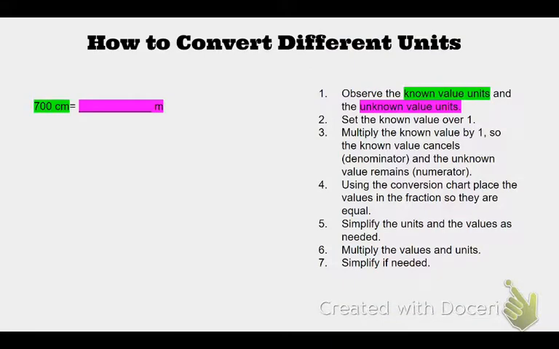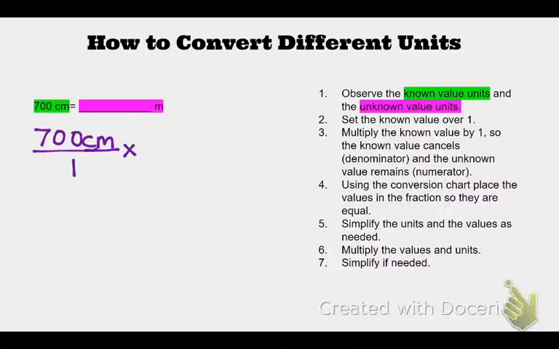Okay, so what does this look like when we're doing our work? Well, you'll notice we have those exactly same 7 steps that we had before converting units. This time we're going to be converting metric units. So, first thing we do, just like we did before, we're going to take our 700 centimeters, setting it over 1.